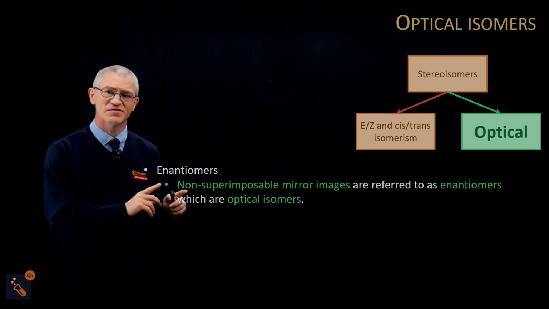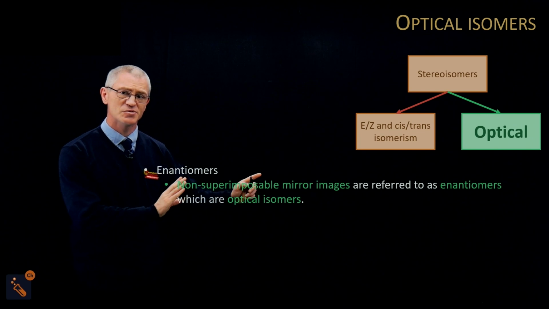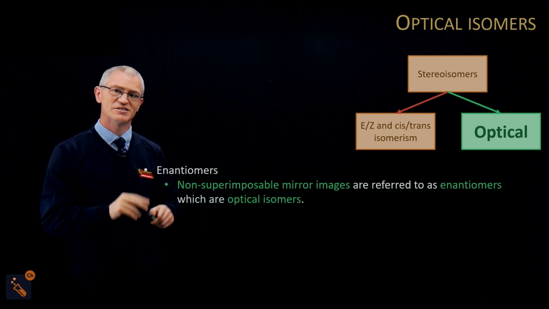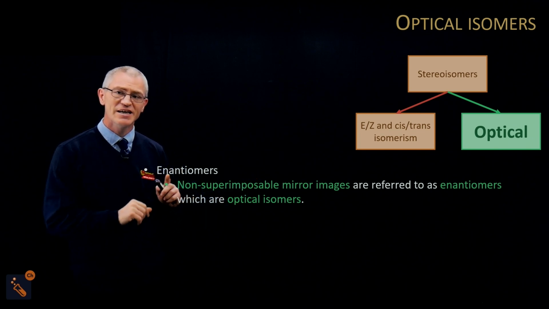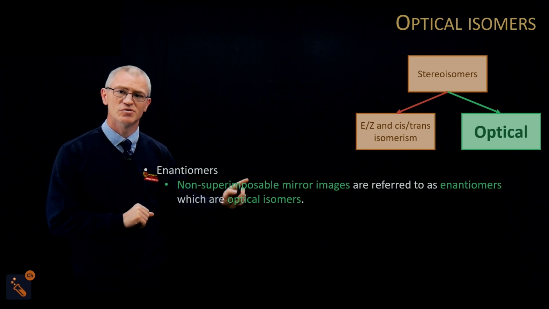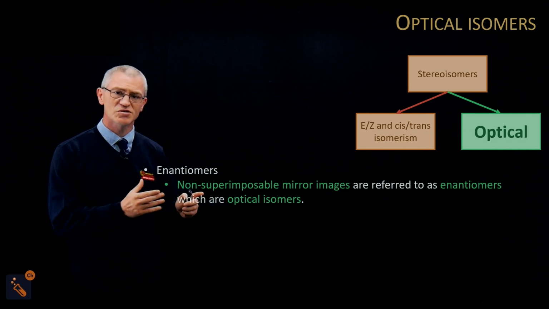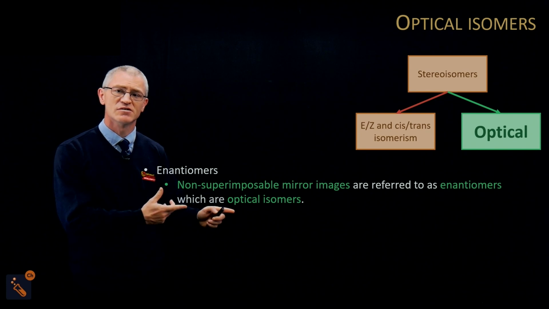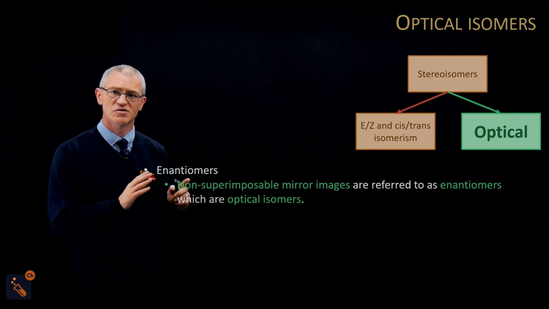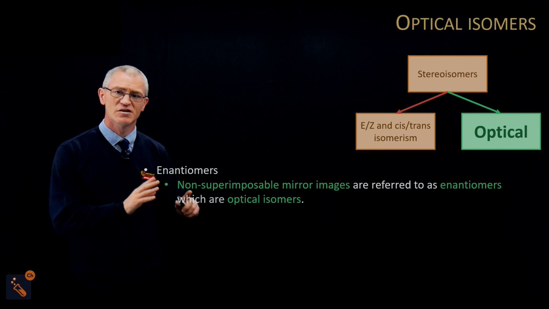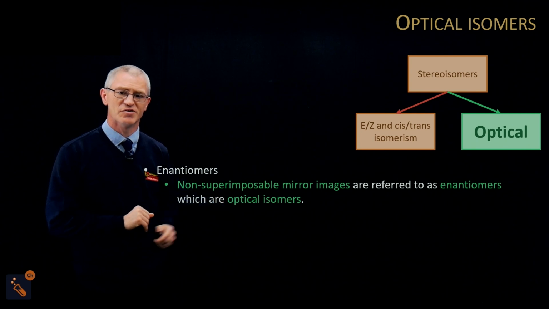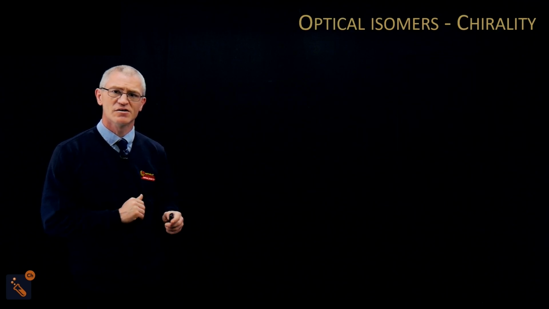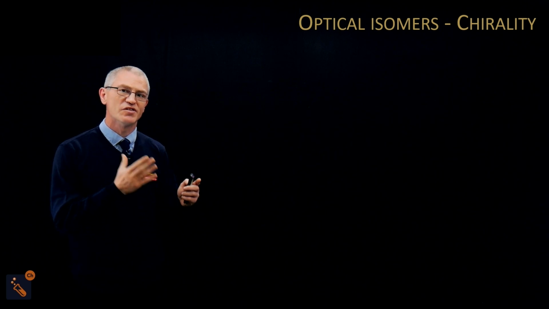And enantiomers have a definition. If there's a question that says define optical isomerism, you have to say non-superimposable mirror images, also referred to as enantiomers, and they are optical isomers. Okay, so definition of optical isomerism: non-superimposable mirror images. We're going to go on now to explain what that actually means.